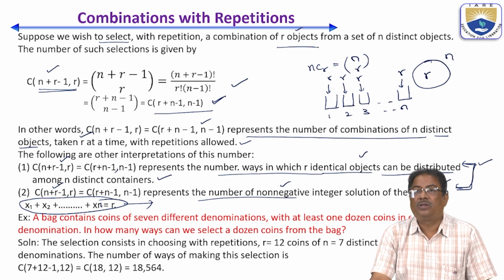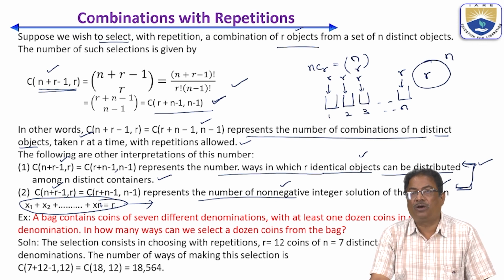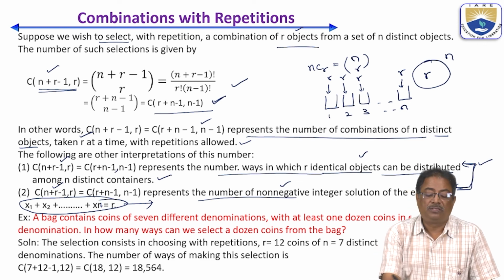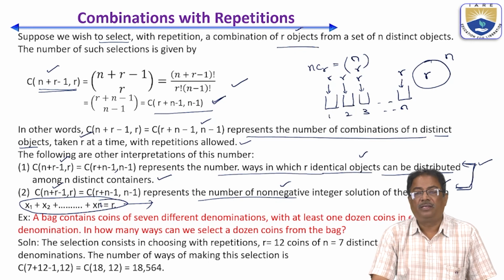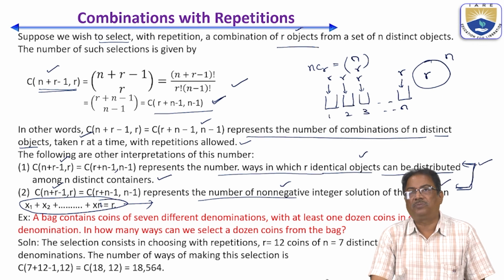For this equation, how many non-negative integer solutions are possible? We can represent it in that way too. In the next session, we are going to discuss the problems related to this.